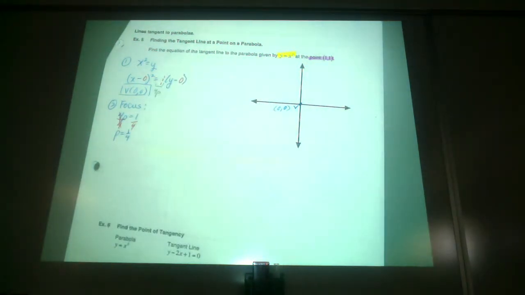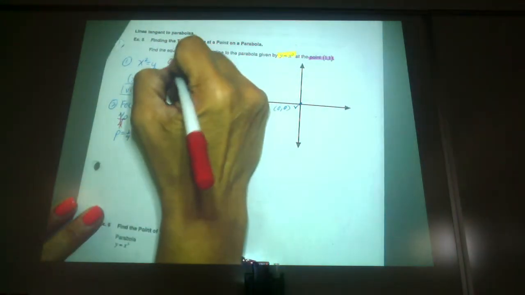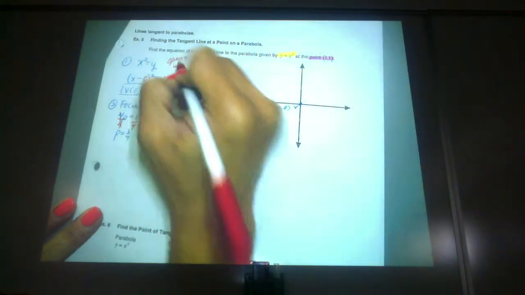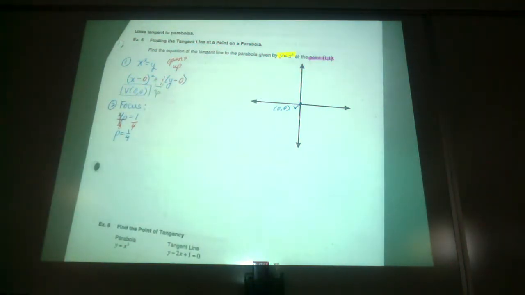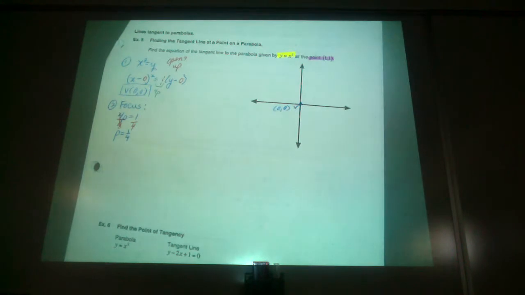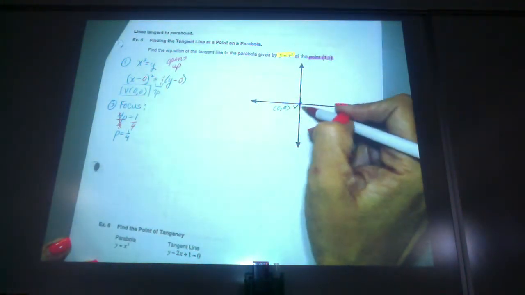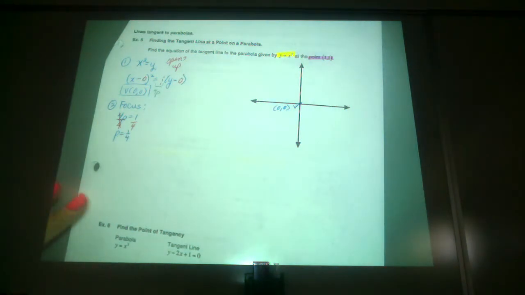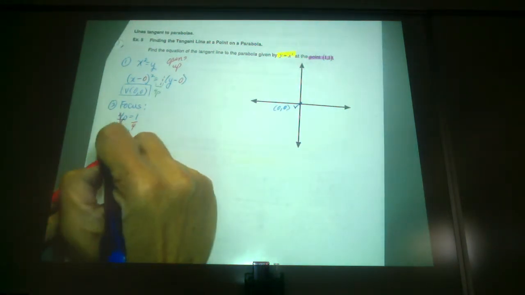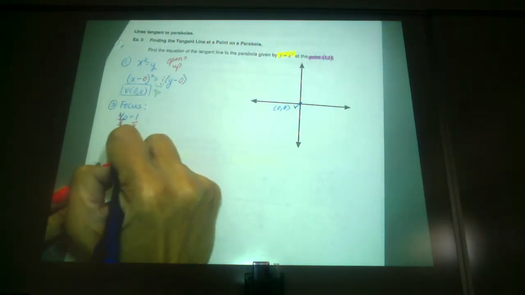So does it swing up or does it swing down? With p being positive, up. So this is a parabola that opens up. You need to know what direction it opens in order to plot your focus. So because my focus is going to be up here somewhere, would that be 0, 1/4? My focus is going to be 0, 1/4.